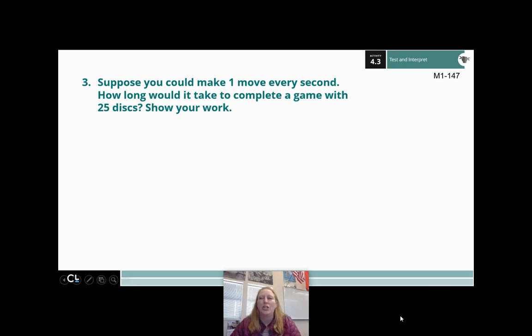All right, so I started with my explicit formula. Seemed a good place to start. We said we had 25 discs, so everywhere I saw an n, I plugged in 25. And then I grabbed my calculator because there was no way. Remember how you can use the special magic button to do exponents on your calculator? It's a wonderful button. So I used my special button and I did my exponents first.